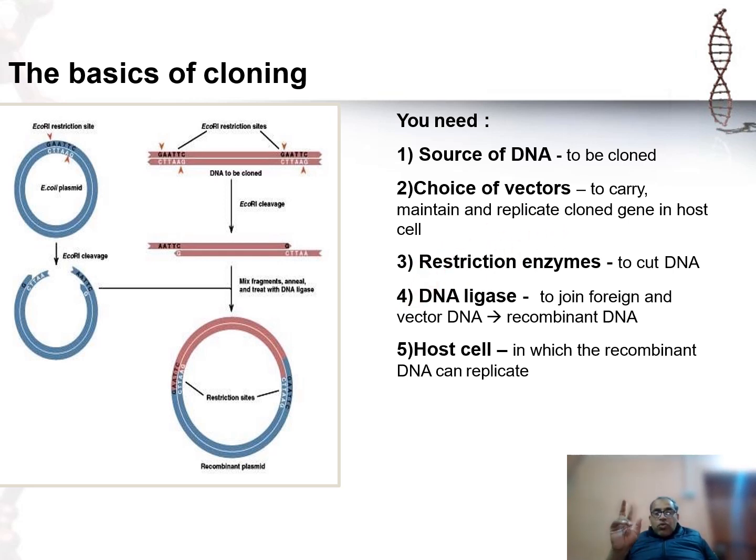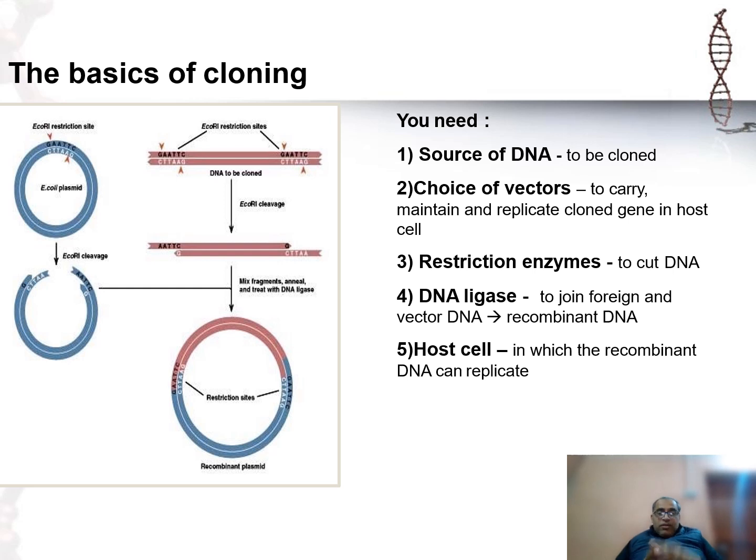There are two kinds of restriction enzymes: the blunt end enzymes, which produce blunt ends when they cleave the DNA, and those which produce sticky ends. We can also use two enzymes to keep directionality of cloning, and then DNA ligase to ligate the insert into the vector, which results in recombinant DNA or chimeric DNA.